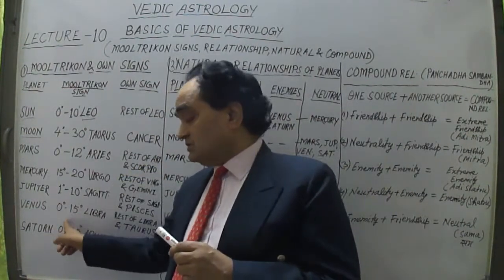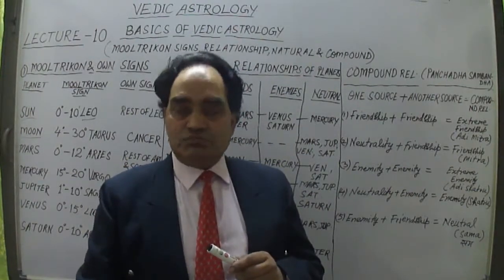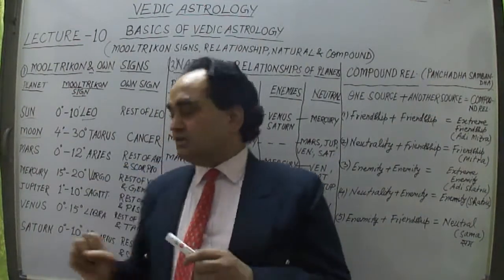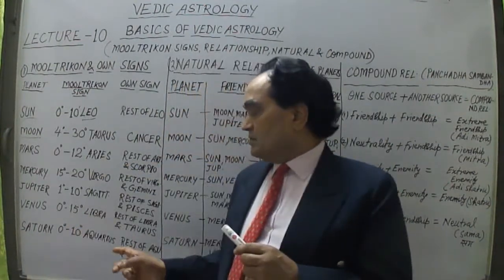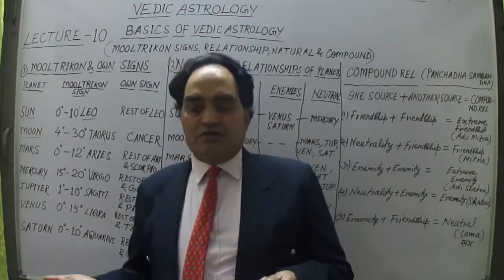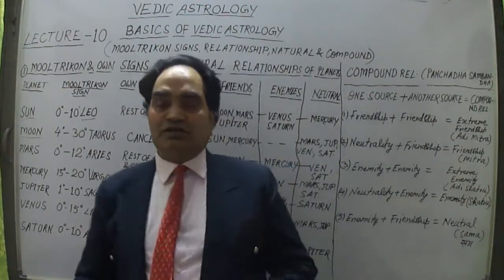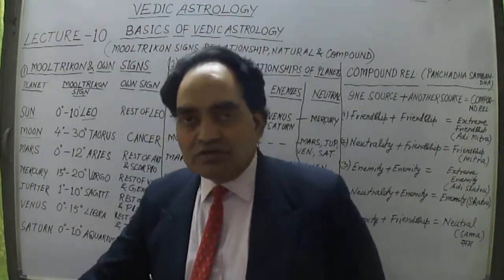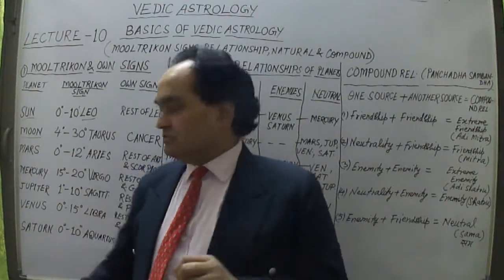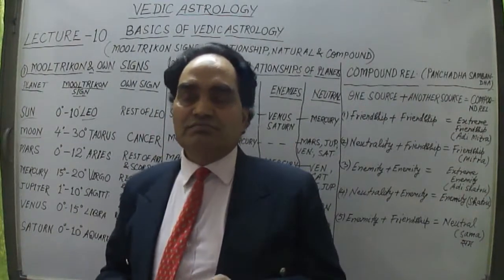So Venus is more active in the Libra sign. Libra is its Mooltrikon sign, in which from 0 degree to 15 degree it is more active, right? Now come to Saturn. Saturn has its Mooltrikon sign undoubtedly in his own sign, as I told you, which is Aquarius, the 11th sign, where 0 degree to 10 degree is the range.